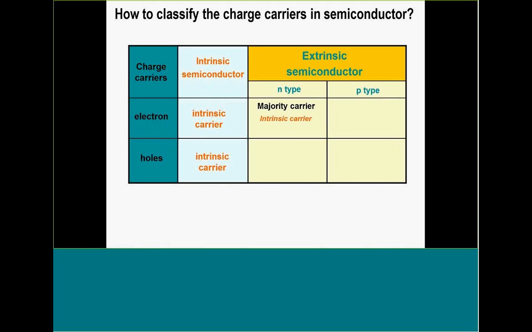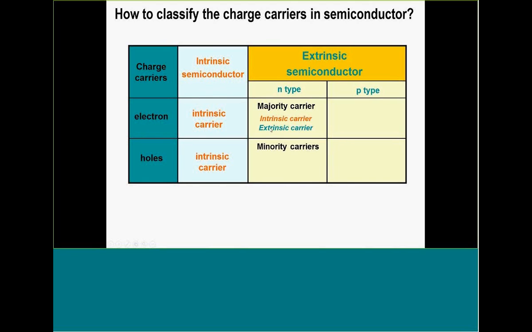But we know that electrons are the majority carriers. But where else do we get electrons for the n-type extrinsic semiconductor that will make them the majority carriers, I mean, more than holes? If you can recall, for n-type semiconductors, we have a dopant that will introduce more electrons, isn't it? So you are going to have extrinsic carriers that come from your dopant.